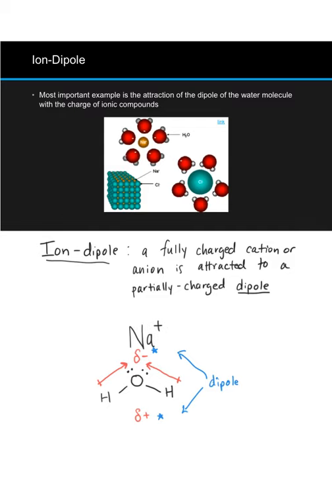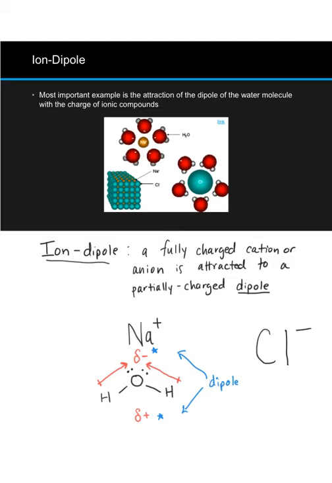Sodium is a fully positively charged cation, and the oxygen side of this water molecule is partially negatively charged. Opposite charges attract, and even though there's not a full negative charge on oxygen in water, the oxygen atom, by virtue of being so much more electronegative than hydrogens and being asymmetric with respect to its hydrogens, has a partial negative charge. Sodium will sit next to the oxygen side of the water molecule preferentially.